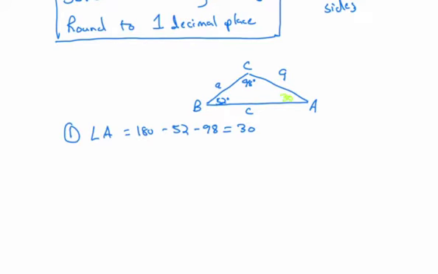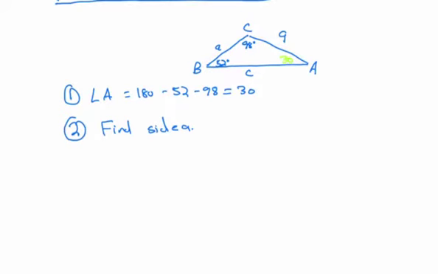I'm just going to go alphabetically at this point, and our goal is to find side A. So I've got angle A and side A. I don't have. But using the ratios that we're given, I can say the sine of angle A divided by A equals the sine of B over B. Now I don't have any choice. I have to use this one right here because this is the only angle pair relationship that I have.